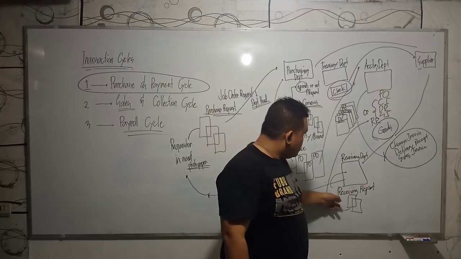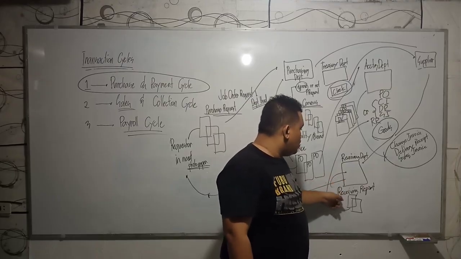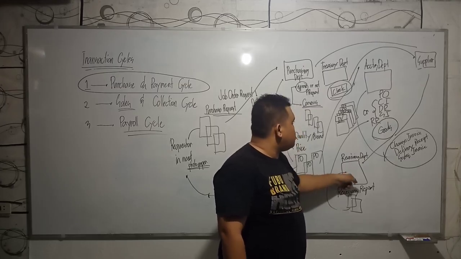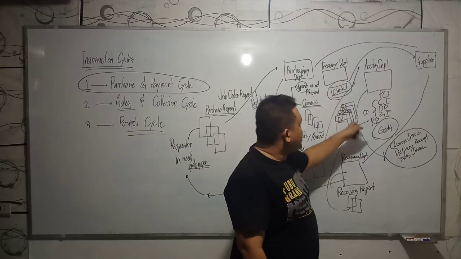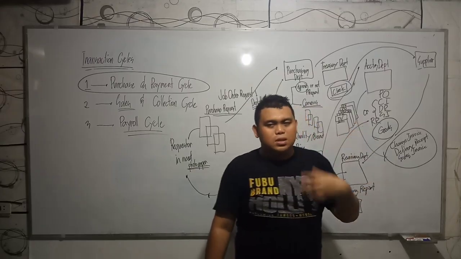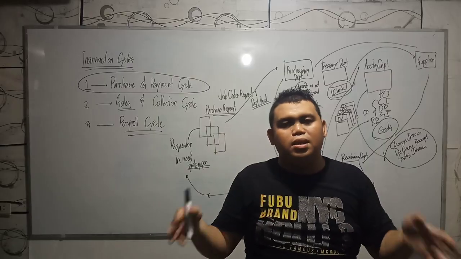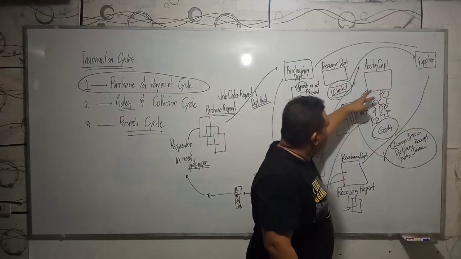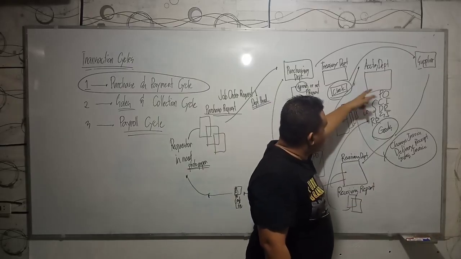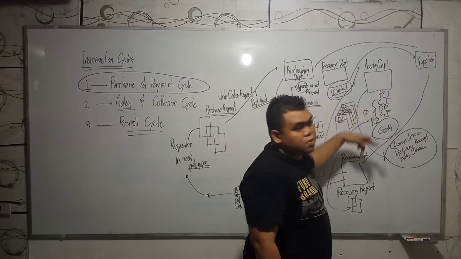And then, if all is well, it will draft a receiving report, leave a receiving report copy in its department, and send one to the accounting department so that the accounting department will be able to compare the description, the quantity, and the conditions of the PO, the delivery receipt, charge invoice or sales invoice, and the receiving report.